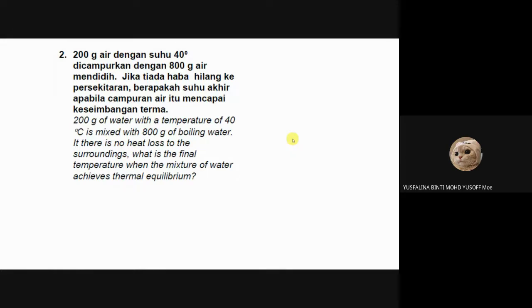So when it achieves thermal equilibrium, what does it mean? The heat gained is equal to the heat released. So how do you want to form an equation from that?